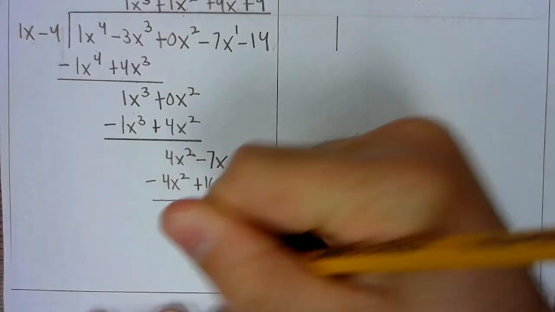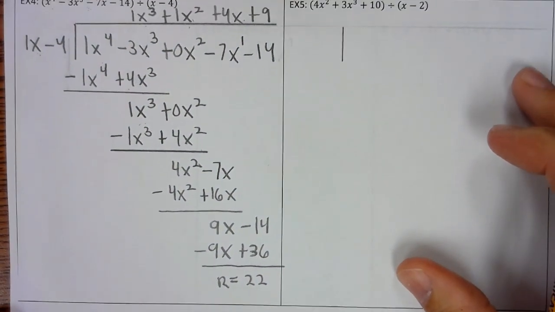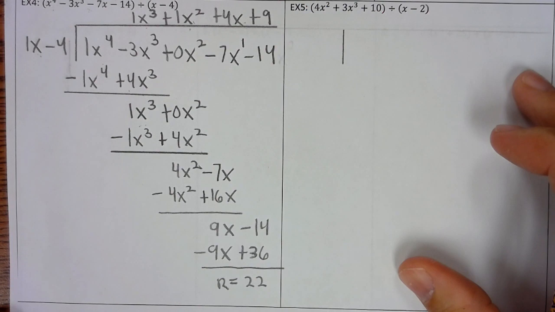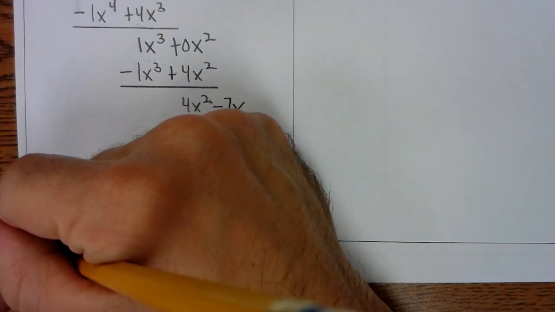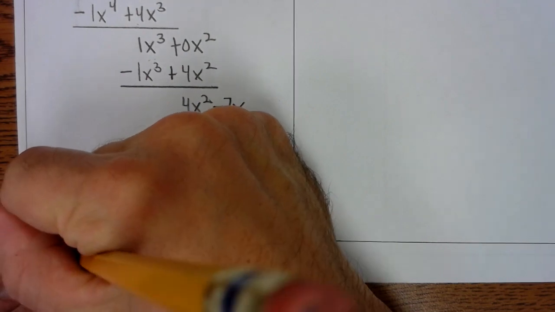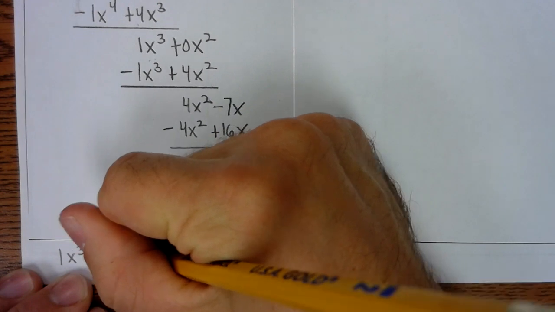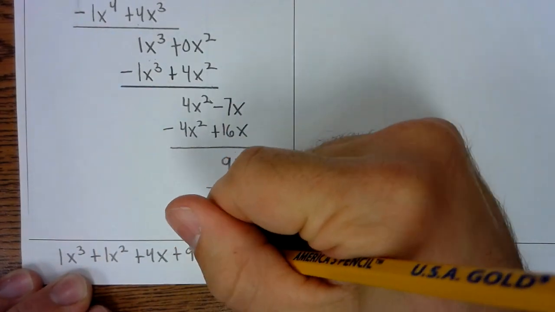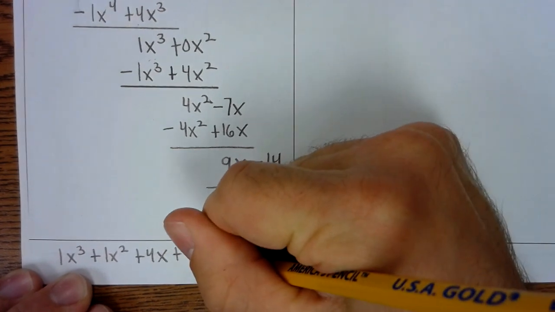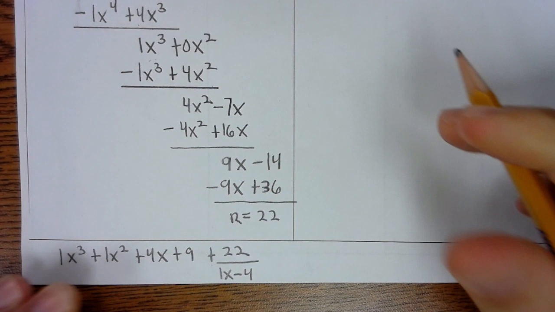So the remainder is 22. Okay, so that means we have 1x cubed plus 1x squared plus 4x plus 9 plus 22 divided by 1x minus 4.